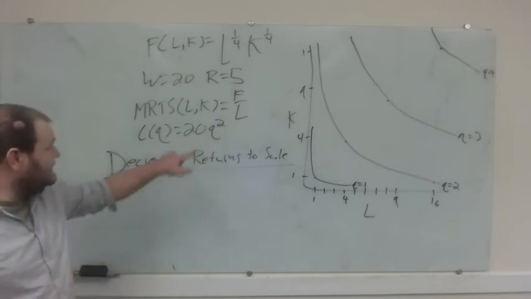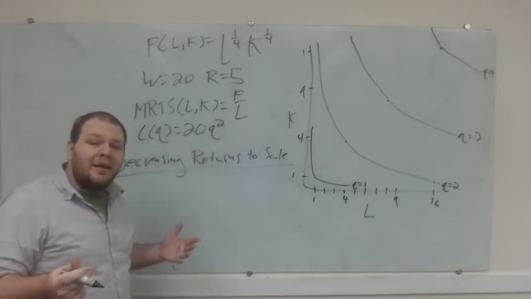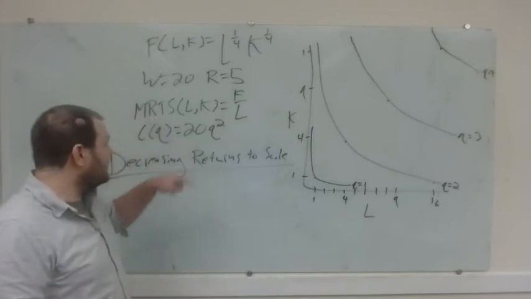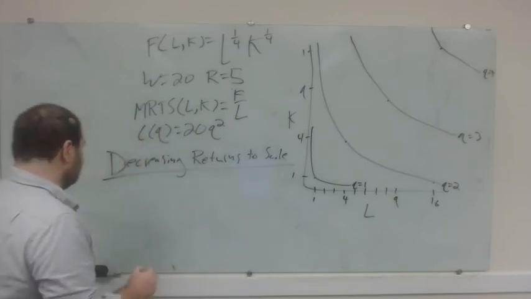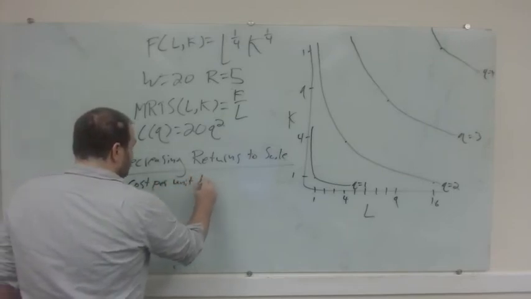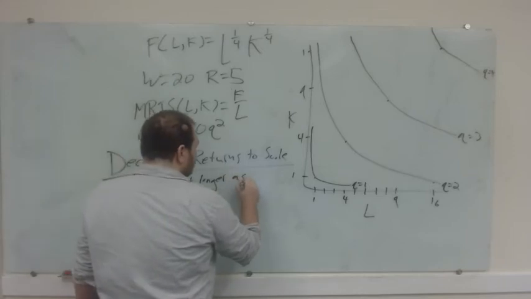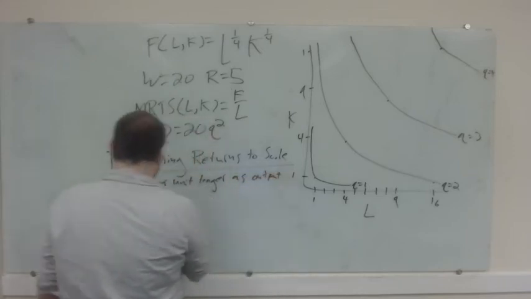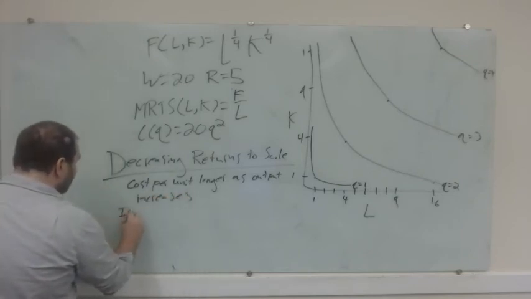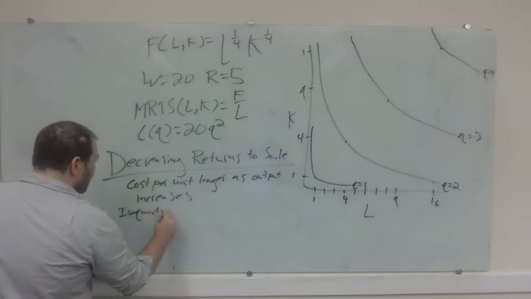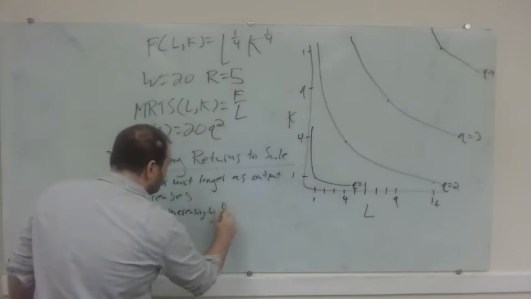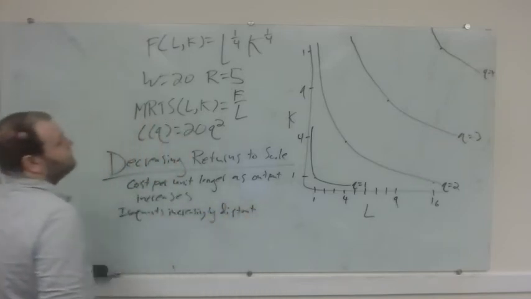The basic definition is going to come from the idea that the marginal cost of production, that is the degree to which an extra unit of production is going to increase my costs, gets larger as production increases. Cost per unit is larger as output increases. The result is going to be isoquants increasingly distant from each other.